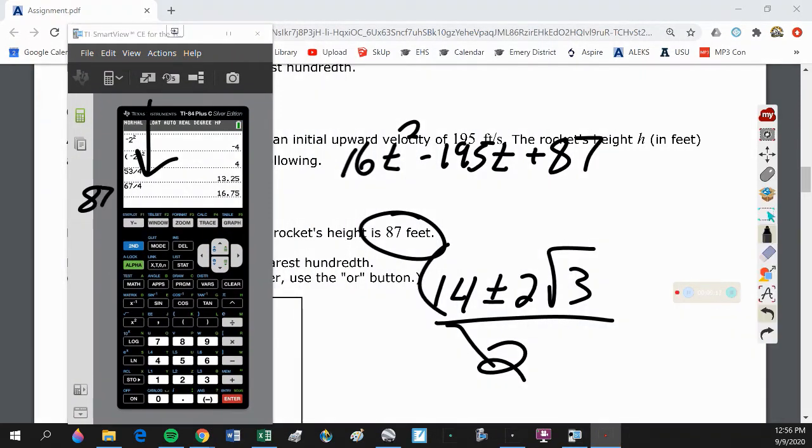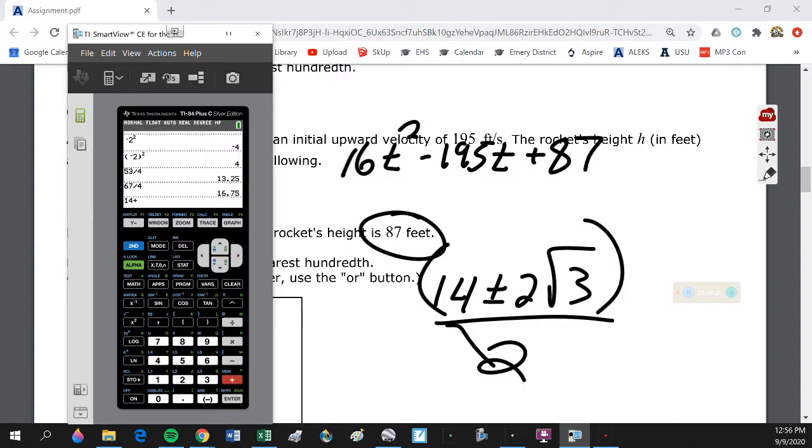So I'm going to do 14 plus 2 root 3, enter, and then divide it by 2. And I get, what does it say, nearest hundredth?